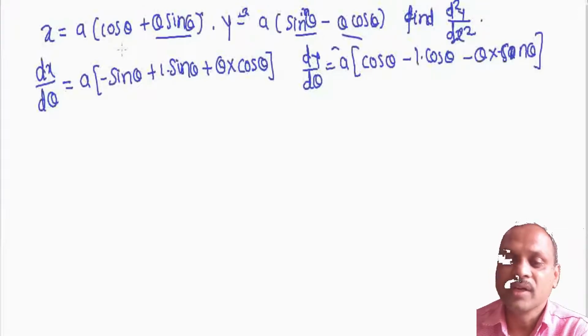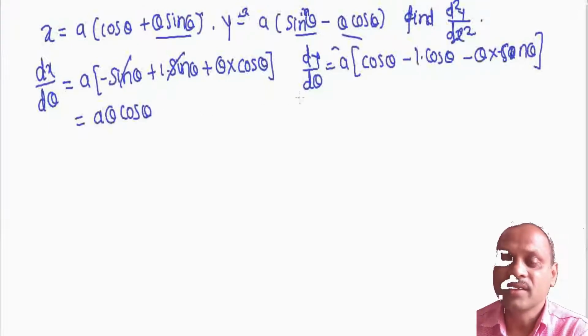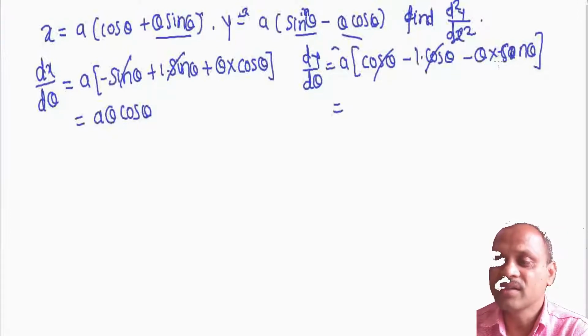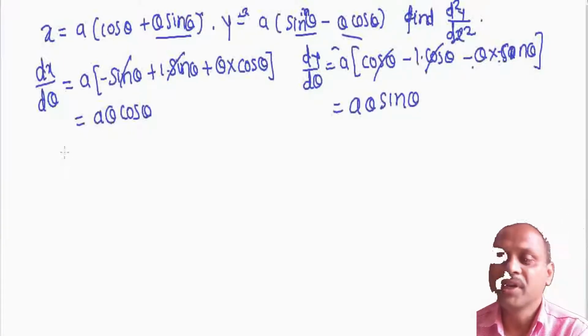Here minus sin theta and sin theta get cancelled and we get a into theta into cos theta. This is dx by d theta. Similarly cos theta gets cancelled, minus minus plus, and we have a theta into sin theta. Now we need to find d2y by dx square.